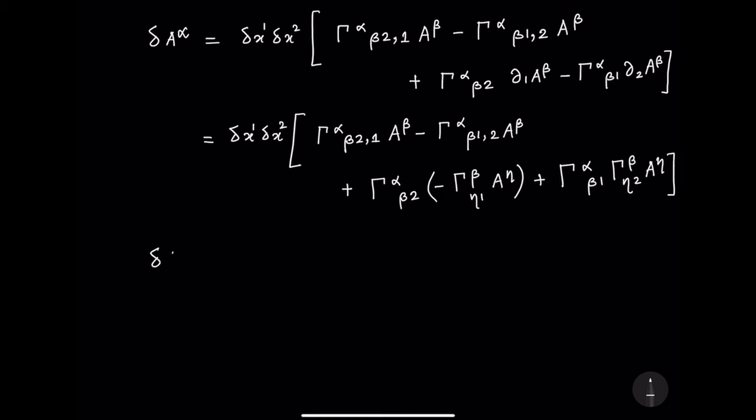So what do I get? I get delta A alpha equals delta x1 delta x2. Let's see, if I take the A beta also outside, the first two terms don't shout because of that. They are happy. For the third term, you see that both beta and eta are dummy variables.